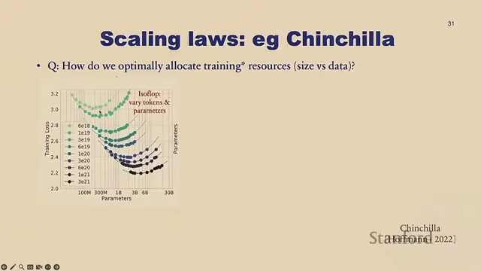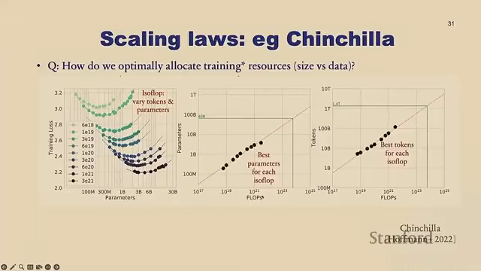Then you take the best one for each of those curves. Once you have the best one for each of those curves, you can plot how many flops it was, which curve you were on, and how many parameters you actually used for training that specific point. You put that on the log scale again, and now you fit a scaling law again.